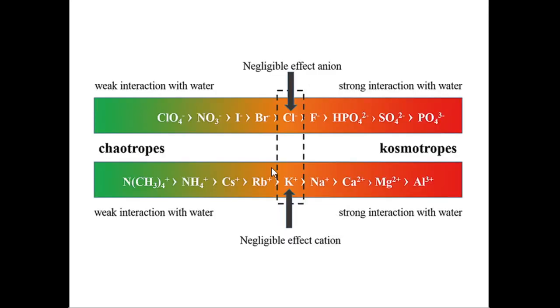Here are some examples of chaotrophs and kosmotrophs. Chaotrophs show weak interaction with water, and kosmotrophs show strong interaction with water. I just explained the net effect of salt ions when they show weak or strong interaction with water, and these show negligible effect.